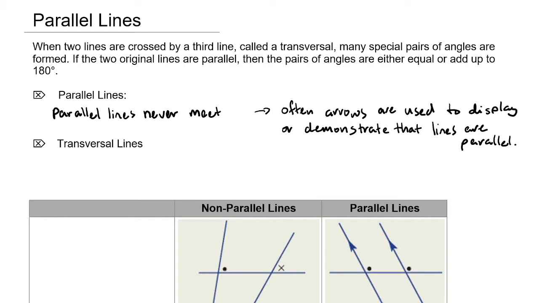And the other thing we need to think about is this third line, this transversal line. What it does is it crosses those two parallel lines. Or you can cross three parallel lines, four, so it's two or more parallel lines.